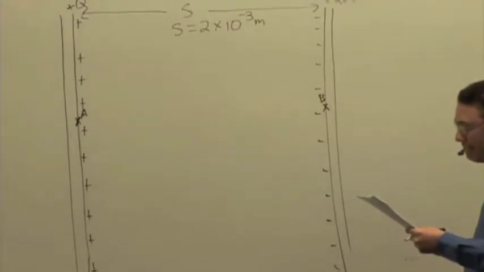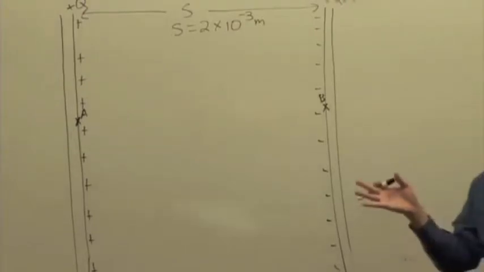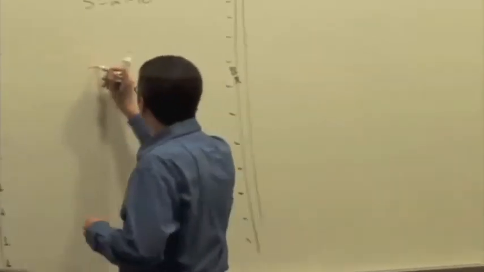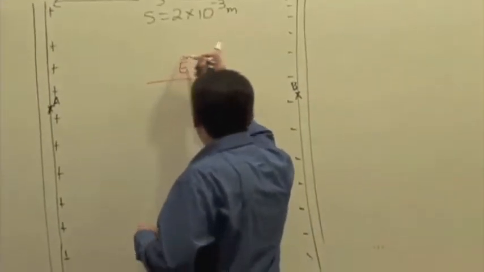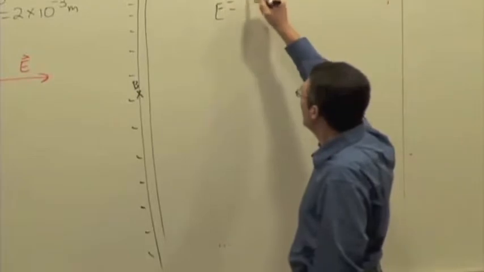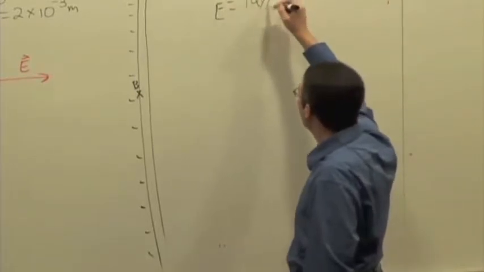And what do we know about the field inside a capacitor? Inside this capacitor gap, the electric field is pointing what direction? To the right, okay. And the magnitude of it is what? Q over A epsilon 0.